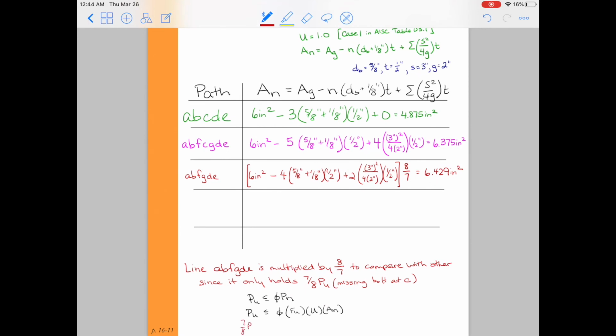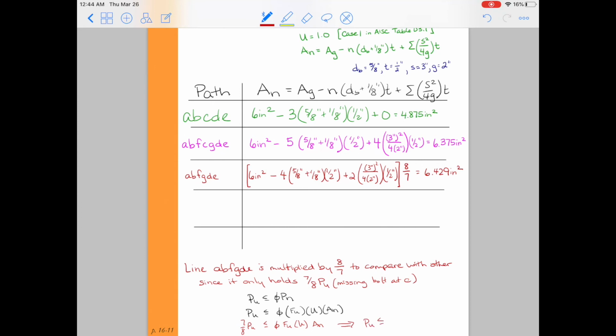If line ABFGDE only has 7/8 of P sub u acting on it, and I want to compare P sub u across the board, so I want to compare this value to the other paths, the green path ABCDE and the magenta path ABFCGDE, they all have the full load P sub u.